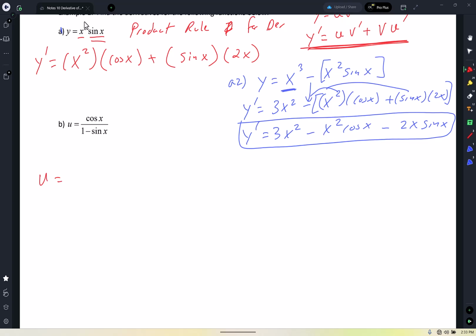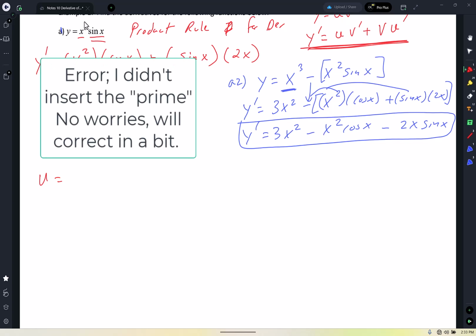All right, here we go. What rule do I need for this one? Quotient. Bottom times derivative of the top. What's the derivative of cosine x? Negative sine x. Plus or minus? Minus.